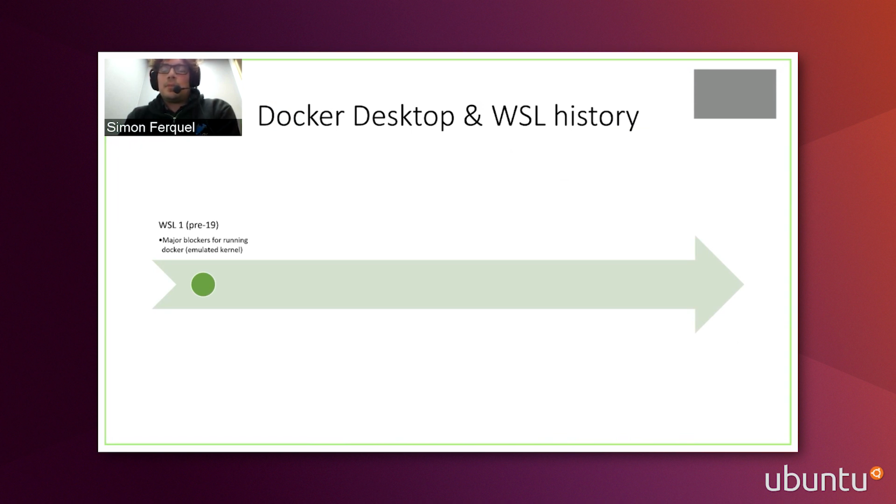So when you run something as low level as Docker or Containerd or Runc, you actually depend on very specific behavior from the Linux kernel, and those behaviors were not fully implemented with WSL1, and for good reasons.